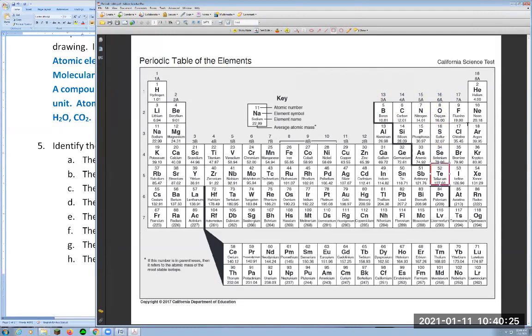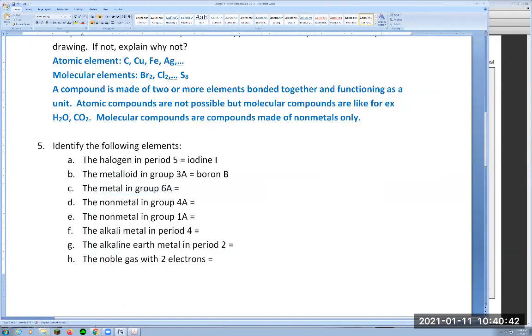Tellurium is a metalloid, and then polonium is a metal. It's not a metalloid, even though it touches the staircase. It's still considered a metal. So the metal in group 6A is polonium with symbol Po. Let me put this in another color here so we see what I've done.